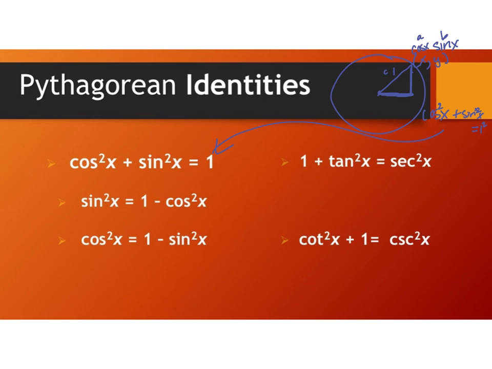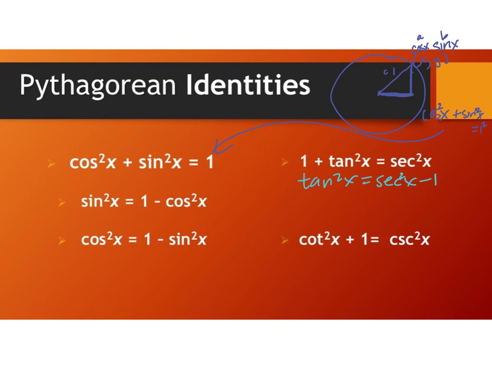And then we're just manipulating the equation to solve for either cosine or sine. That's how you get the remaining ones on there. The same idea applies with 1 plus tangent squared of x is equal to secant squared of x. Here I can manipulate my equation so that I'm solving for tangent instead, which means I would have to subtract the 1 from both sides. So another equation you have to be familiar with is tangent squared of x is equal to secant squared of x minus 1.